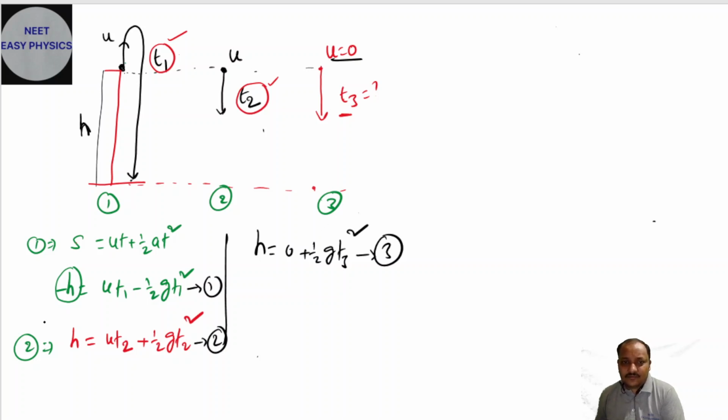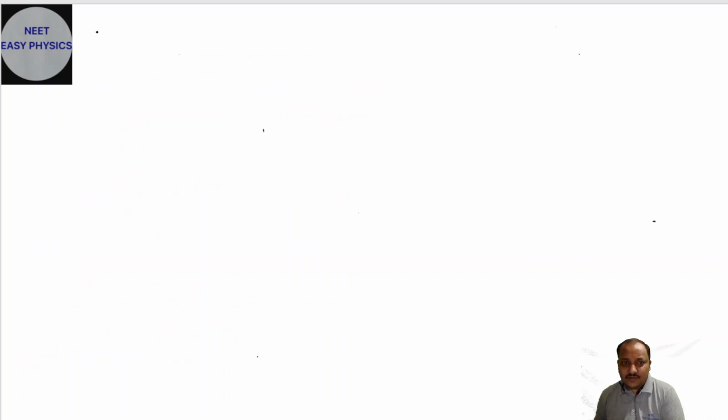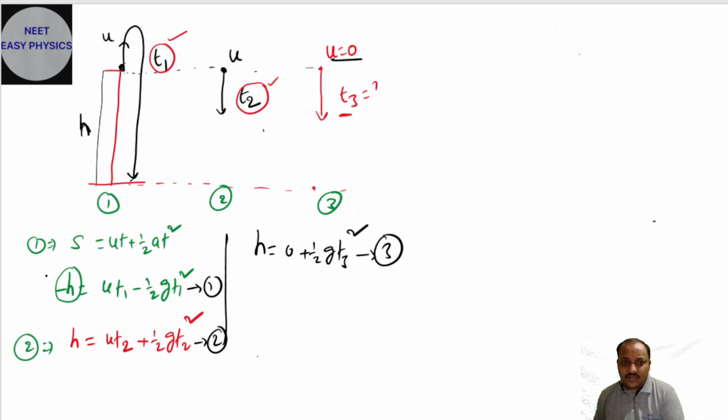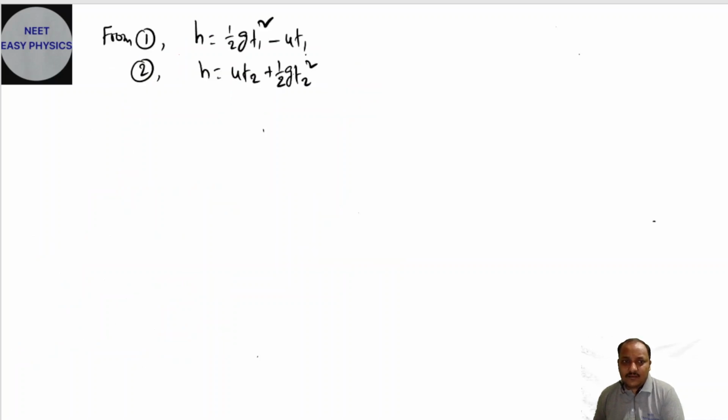If you observe, from equation 1 we can write h is equal to half g t1 square minus ut1. From equation 2, h is equal to ut2 plus half g t2 square. Correct? Now both heights are the same, so you can equate these two.